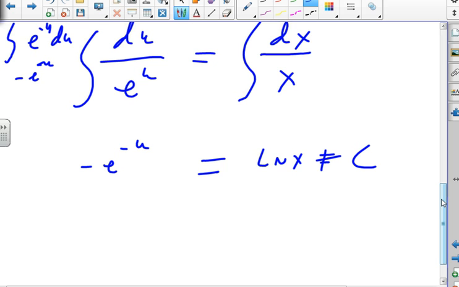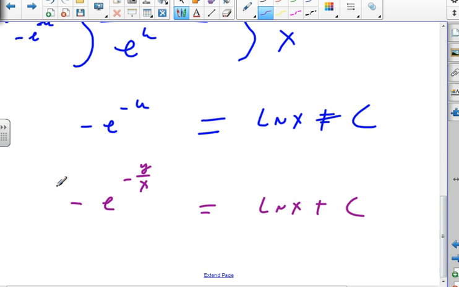Okay. I'm going to substitute back in. I'm going to say minus e to the minus y over x is equal to natural log x plus c.